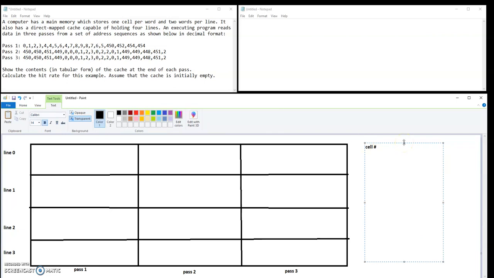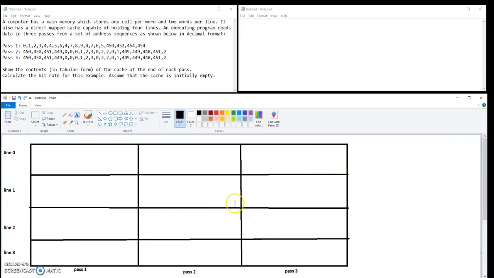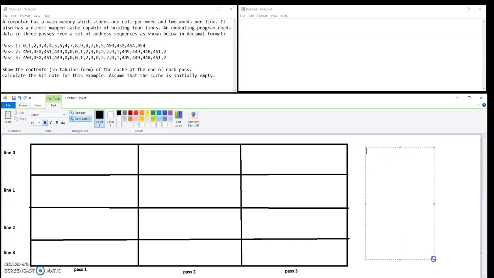Oh, it doesn't allow tabs, I see. That's too bad. Alright. Cell number, block number. Well, cell 0 and 1 are in block 0.